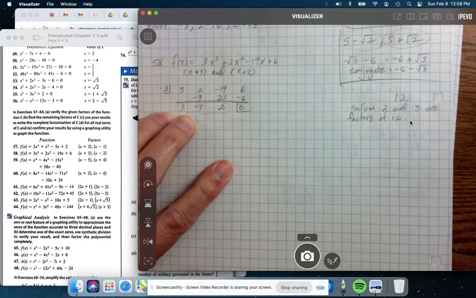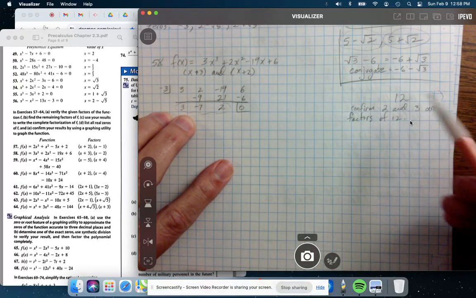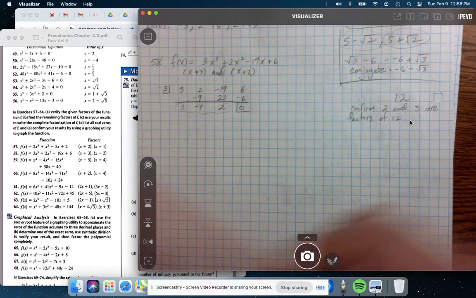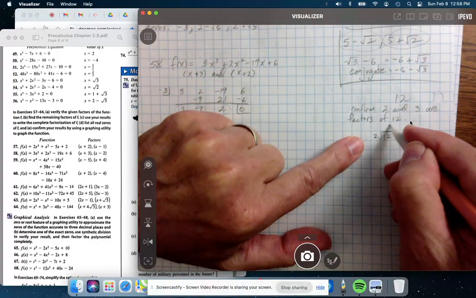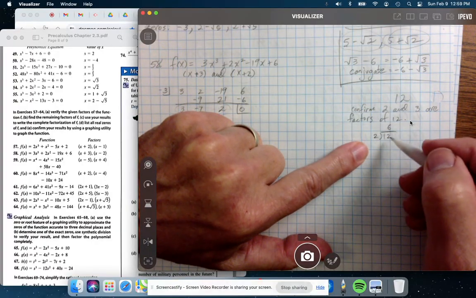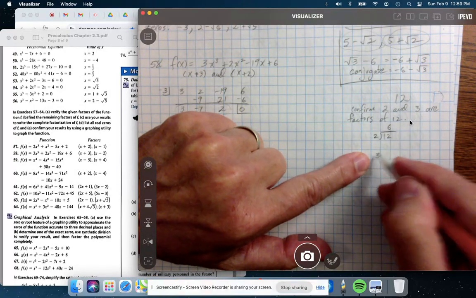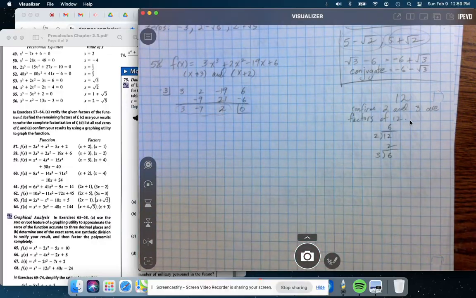Well, one way to do that is to say 2 goes into 12 6 times, and 3 goes into 12 4 times, and you're done. But another way is to say 12 divided by 2 is 6, and then instead of dividing 3 into 12, just divide 3 into what you got before, into 6. And it goes in twice, right?